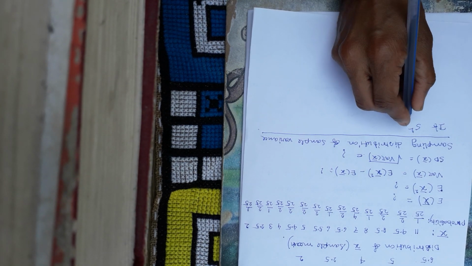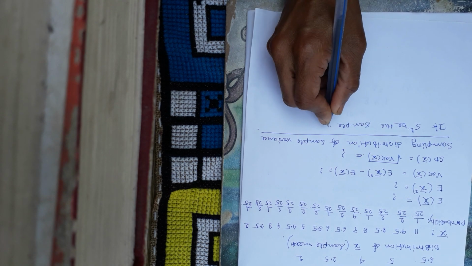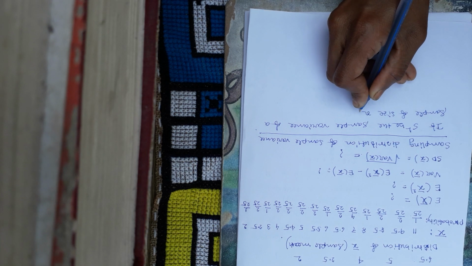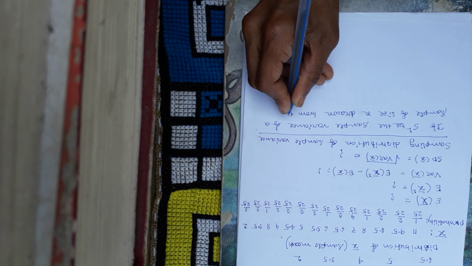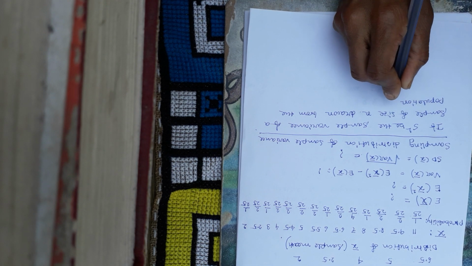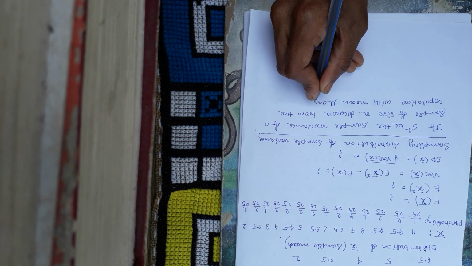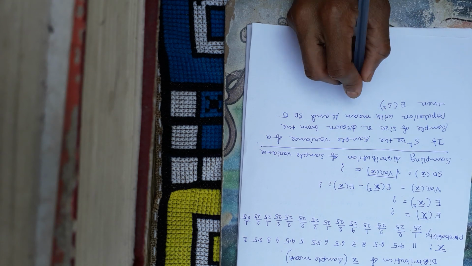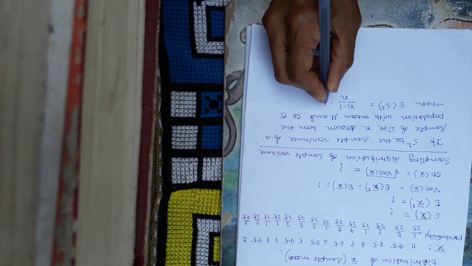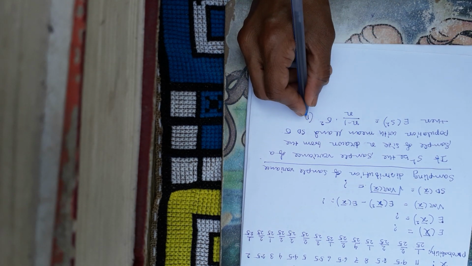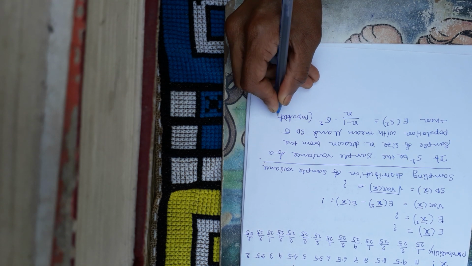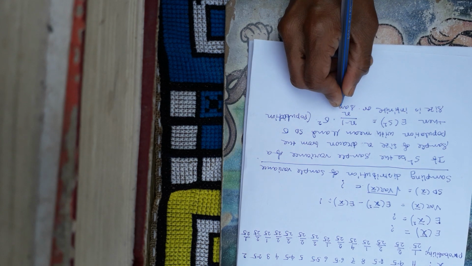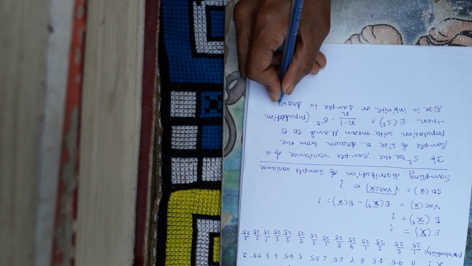If A square, capital A square, be the sample variance of a sample of size n, small n, drawn from the population with mean mu and standard deviation sigma, then the expectation of sample variance equals (n minus 1) by n into sigma square, where the population size is infinite, or the sample is drawn with replacement.